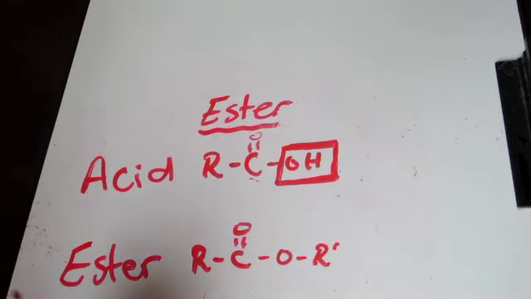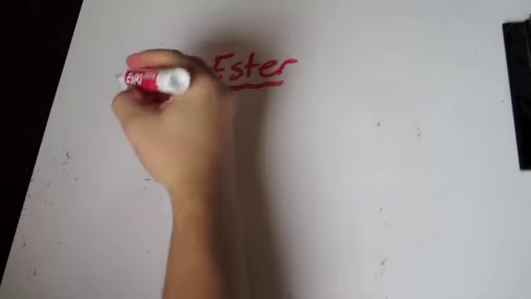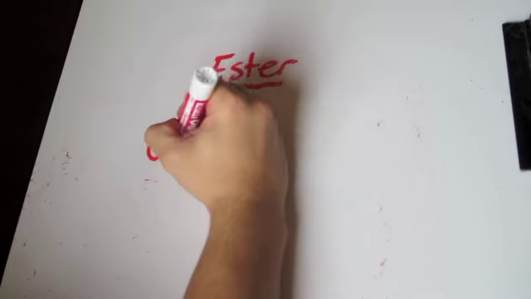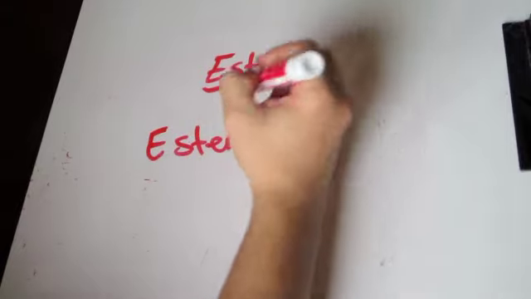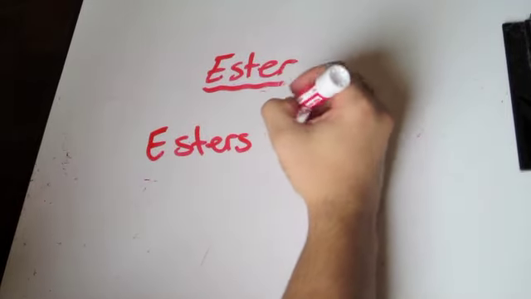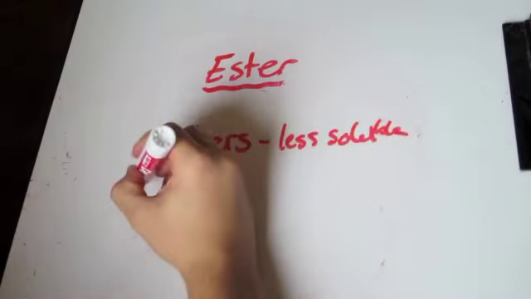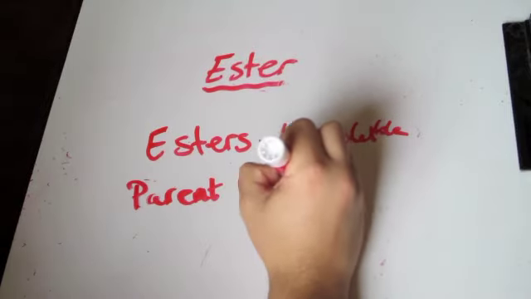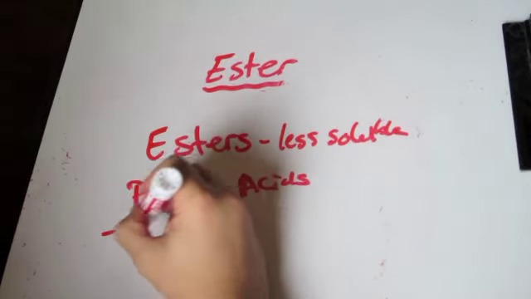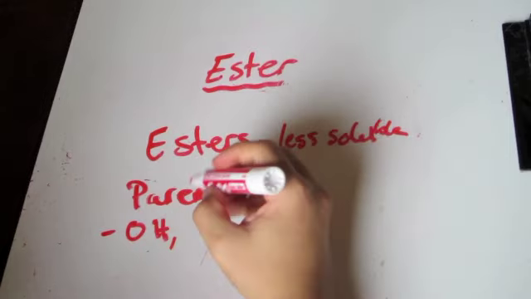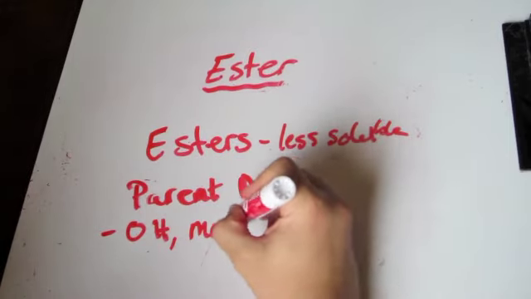This means that the acid is more soluble in water than the ester. And so, in comparison, esters are slightly less polar and therefore less soluble in water, compared to their parent acids, which contain the hydroxide group. This makes them more soluble in water.